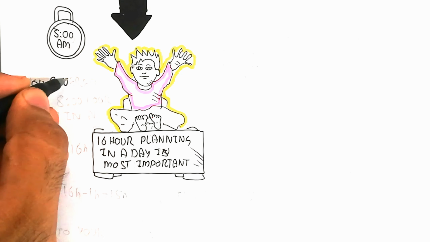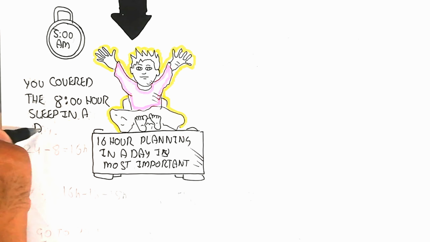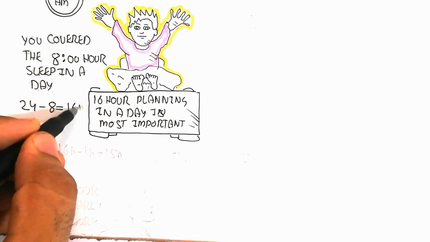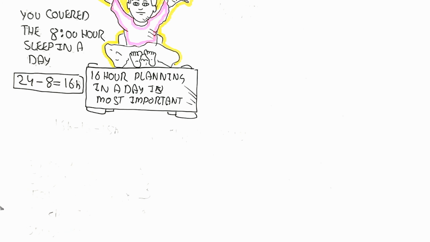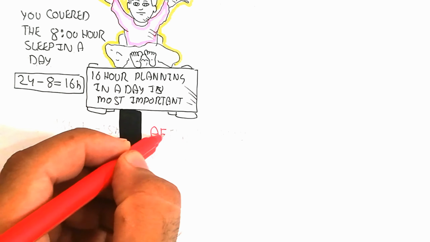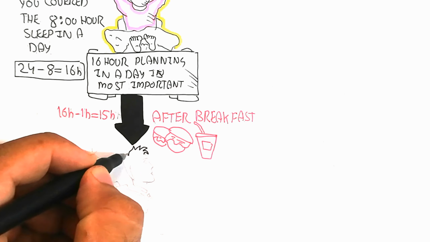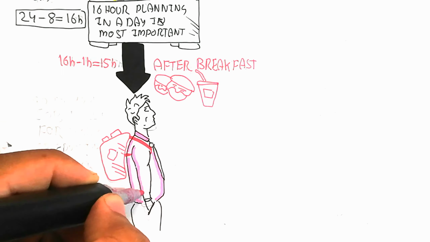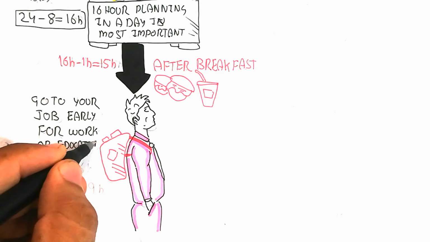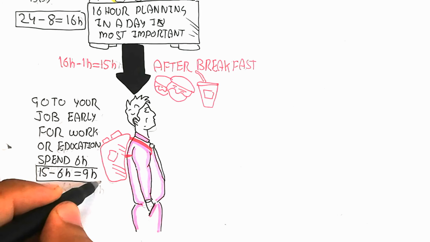So let's understand what you should do. After this comes breakfast, which requires a little time, but we are not including the breakfast time, because whether you need to eat or not depends on you. Then go to your job early for work or education and spend 6 hours.